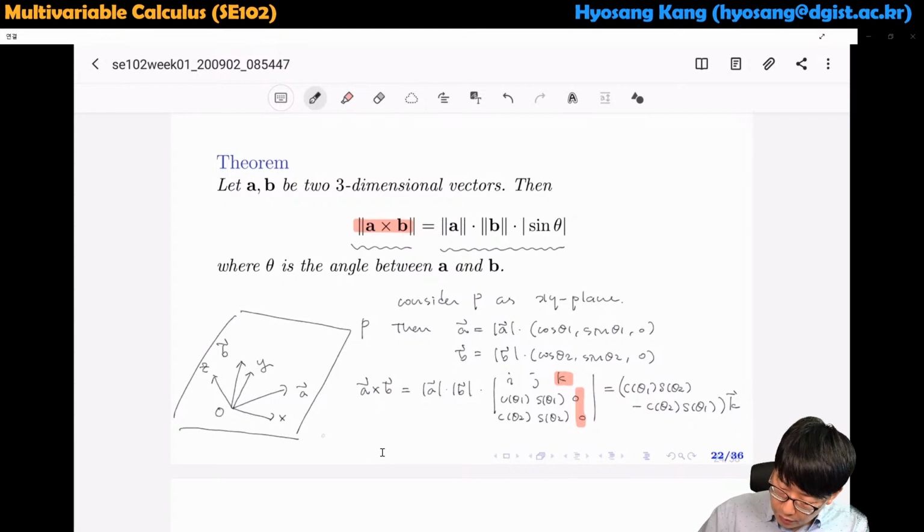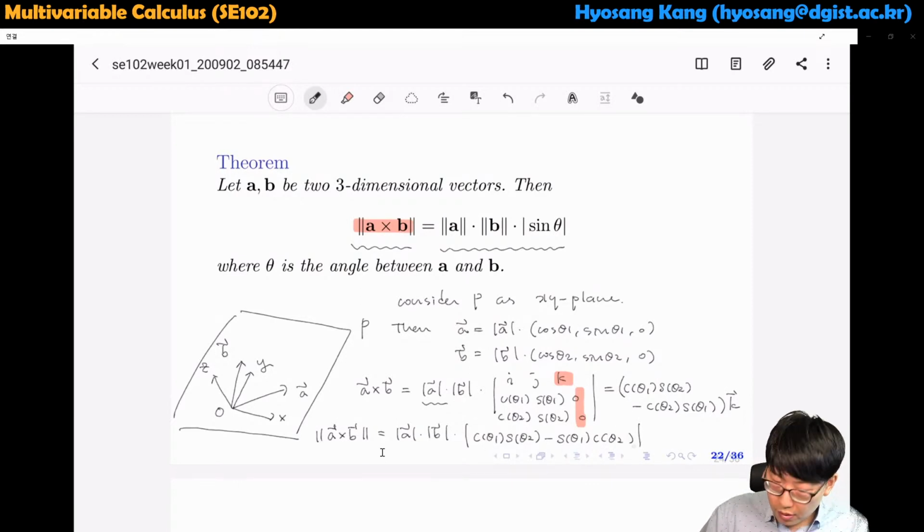Right? So the norm is, don't forget the norm of A and norm of B, and the absolute value of cosine theta 1 sine theta 2 minus cosine theta 2 sine theta 1, or just rearrange this. By the sine rule or cosine rule, you get sine of theta 1 minus theta 2, right?